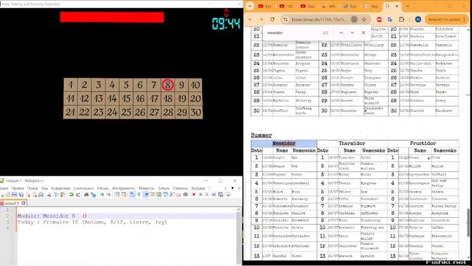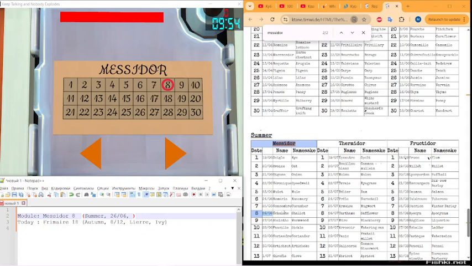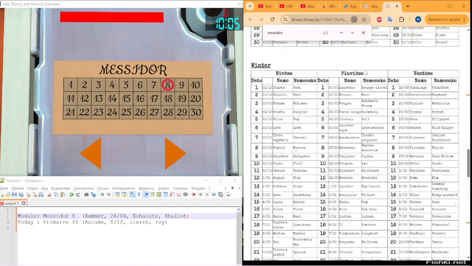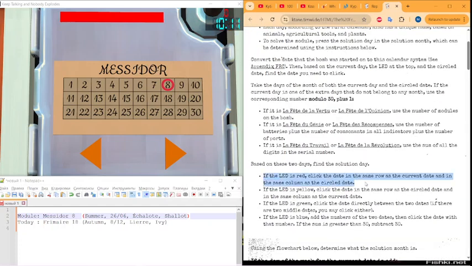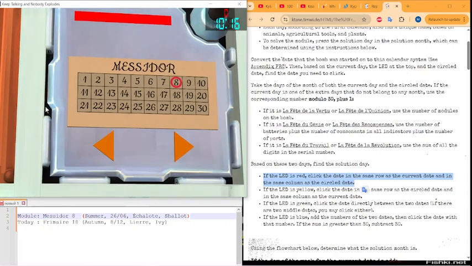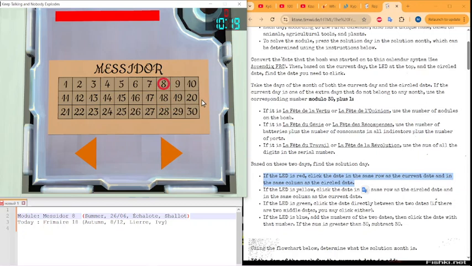It's summer, 26th of June, Ecalote and Charlotte. Okay. Okay, the LED is red. So click the date in the same row as the current date. Current date is 18, so it's going to be the second row, and the same column as the circled date, so it's going to be 18.